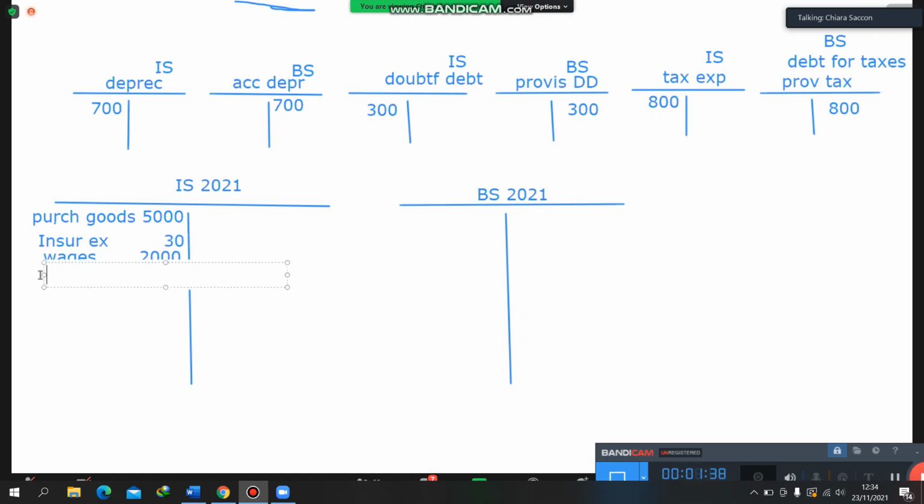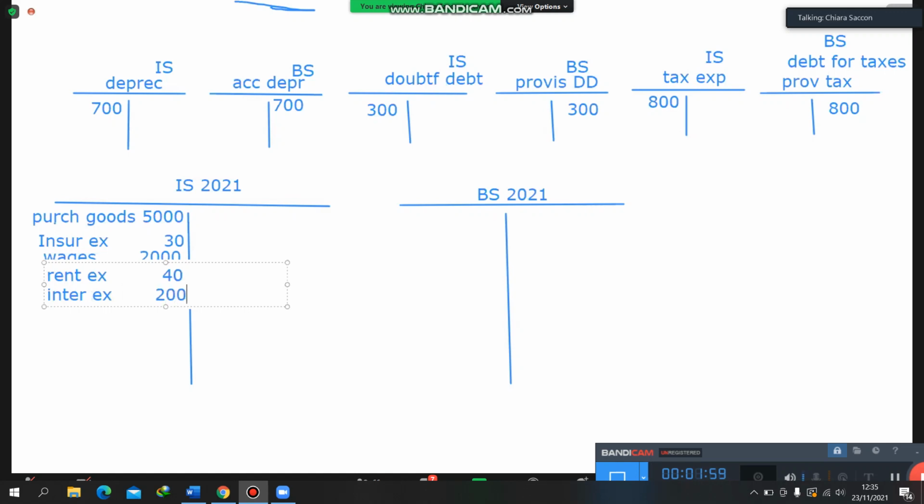Then rent expense, 40. Then interest expense, 200.